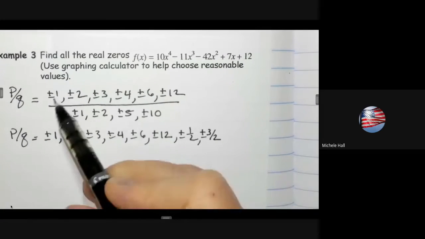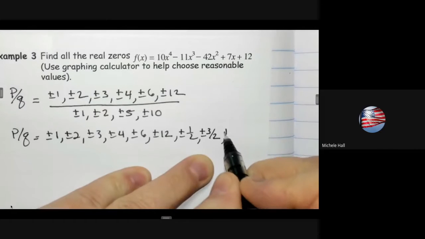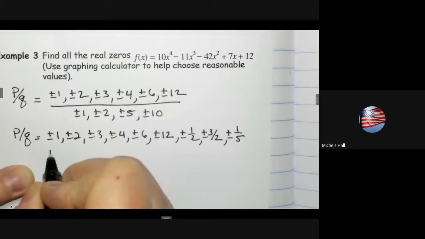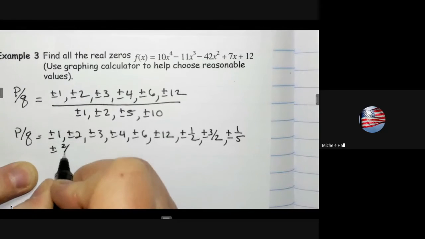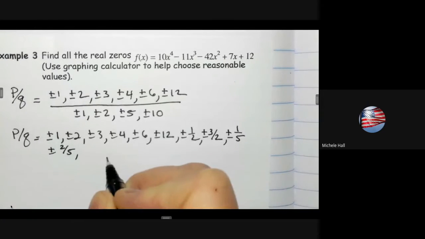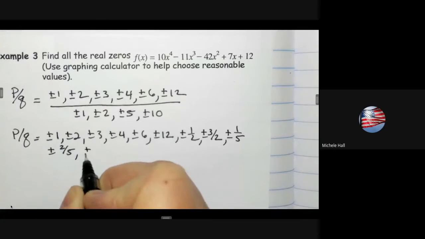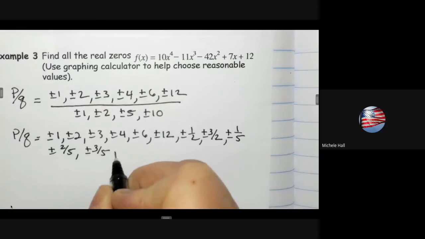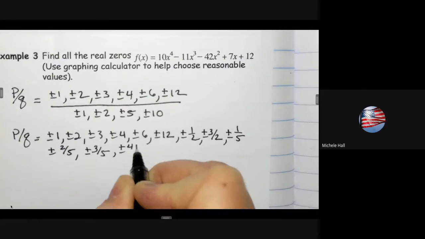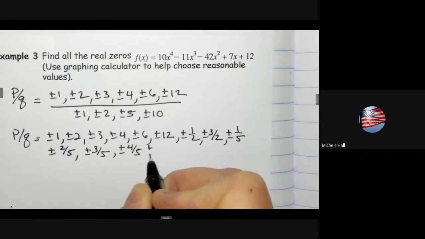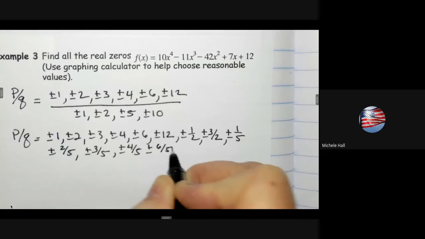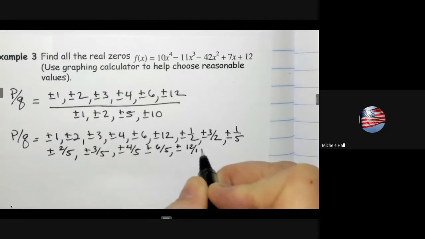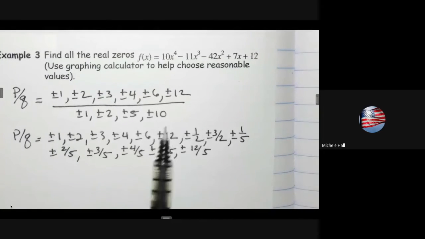Now 5: 1 over 5, 2 over 5, 3 over 5, 4 over 5, plus or minus 6/5, plus or minus 12/5, and now we're going to do over 10.